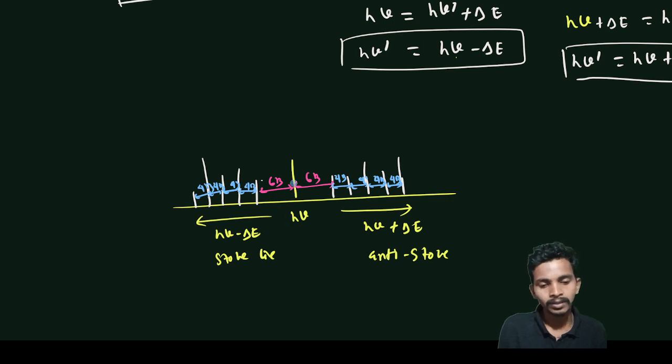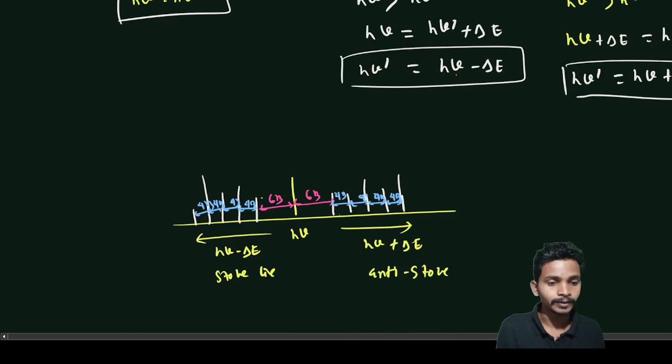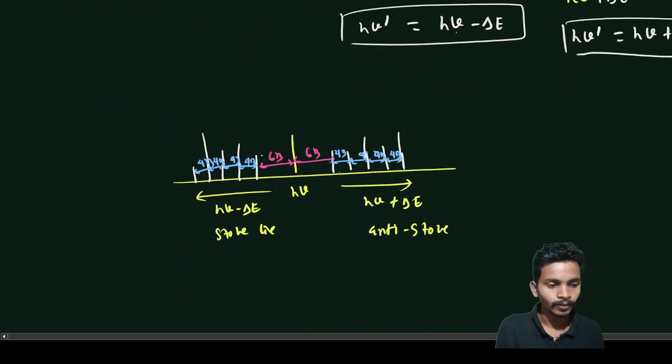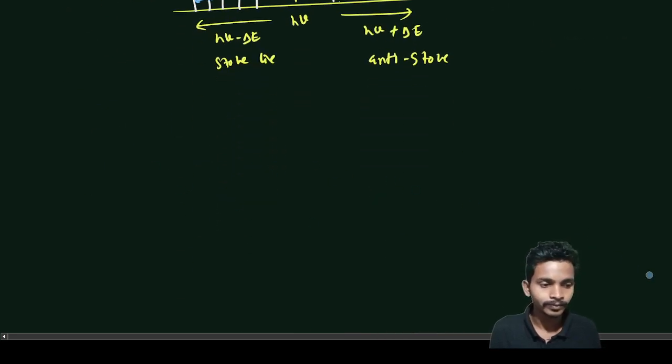So the gap from the Rayleigh line to the first Stokes or first anti-Stokes is 6b, 6b. After that, any two consecutive Stokes lines or anti-Stokes lines are 4b, 4b apart. So here we can write some points.